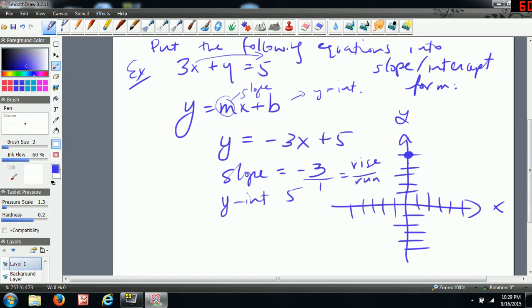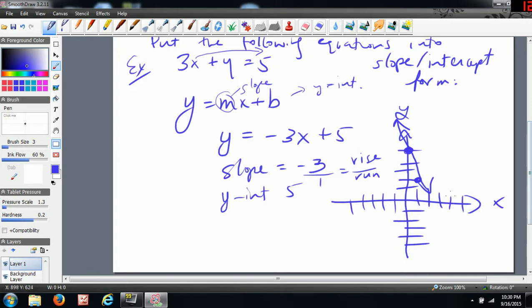So our rise is -3, 1, 2, 3, and our run is 1. Okay, that's not very straight. Let me just undo that, sorry. So when you connect these two points, it should be a straight line. Mine doesn't look very straight, but you can actually graph your line easily, okay?